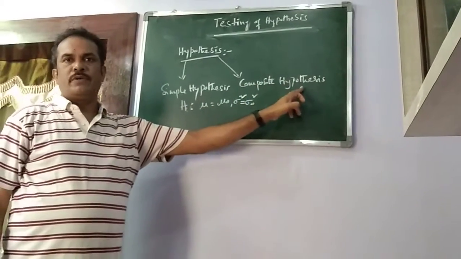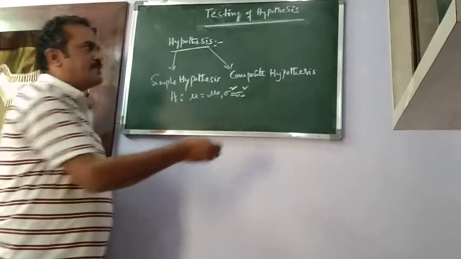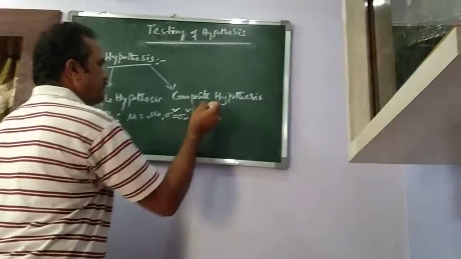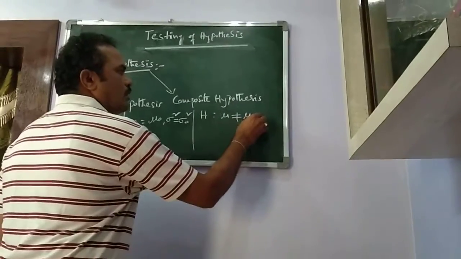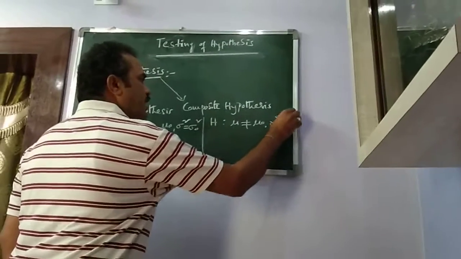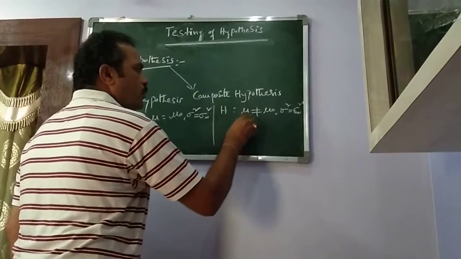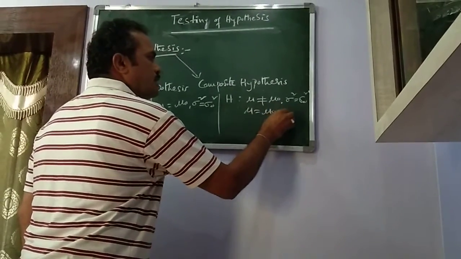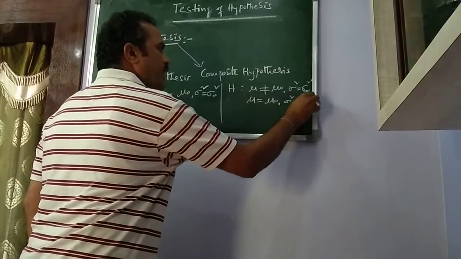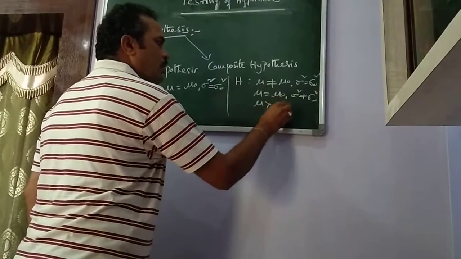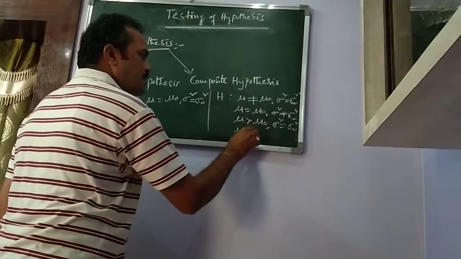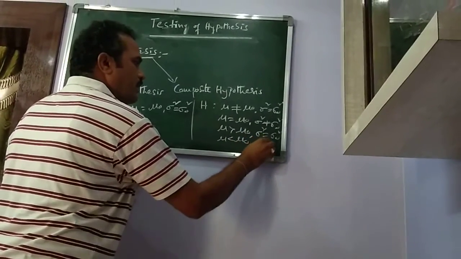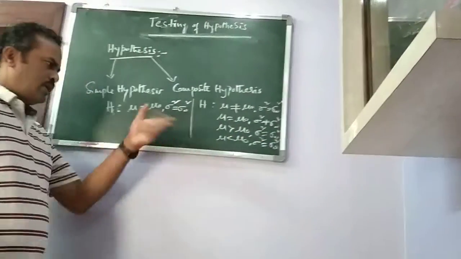Otherwise it is a composite hypothesis. What are the otherwise cases? Many cases are available. For example, H: mu not equal to mu naught, sigma square equal to sigma naught square; H: mu equal to mu naught, sigma square not equal to sigma naught square; mu greater than mu naught, sigma square equal to sigma naught square; mu less than mu naught, sigma square equal to sigma naught square, and so on.